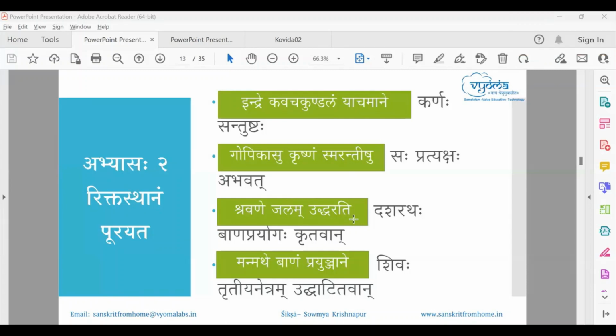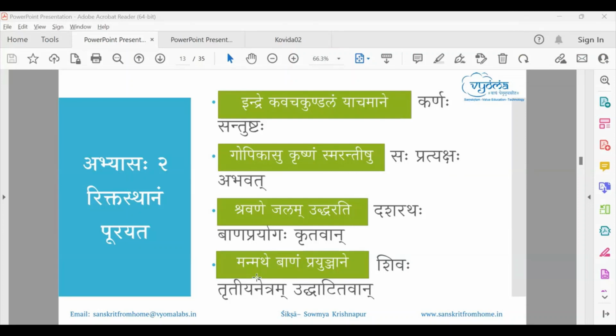Manmathe Banam Prayujjane Shivaha Tritiya Netram Udghatitavan. So just when Manmatha was using his weapon, Banam Prayunjanaha Asi.